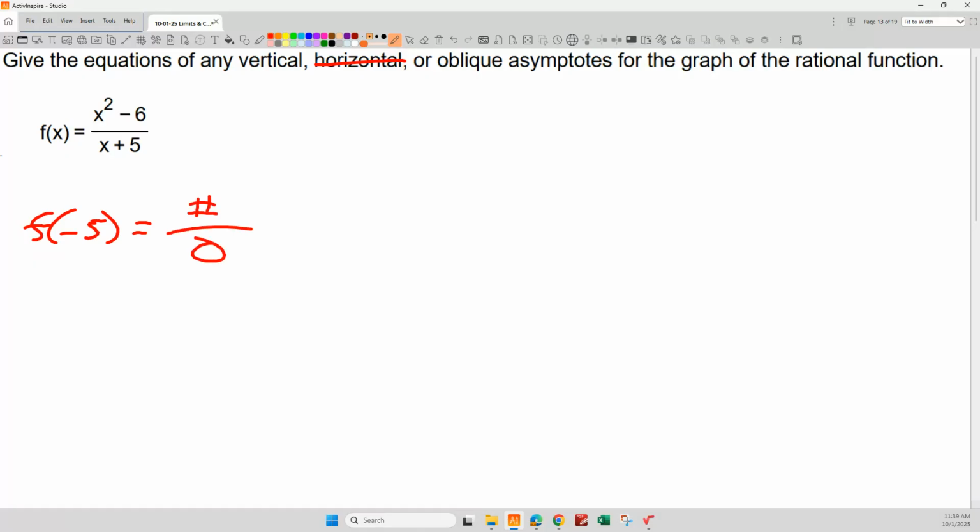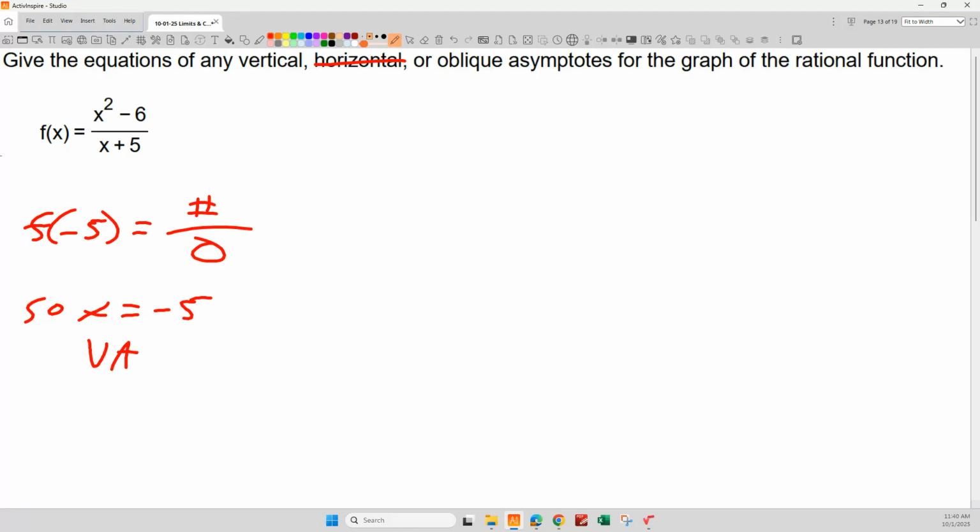So x equals -5 is a vertical asymptote. Does that make sense? Again, unique zeros of the denominator always correspond to vertical asymptotes. There's only one of those, because there's only one zero of the denominator.